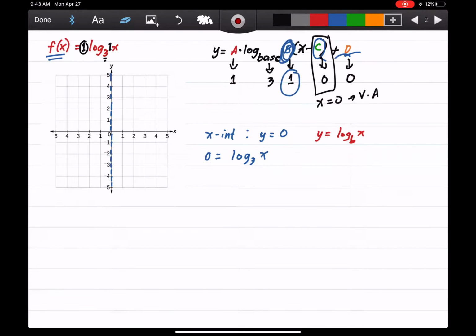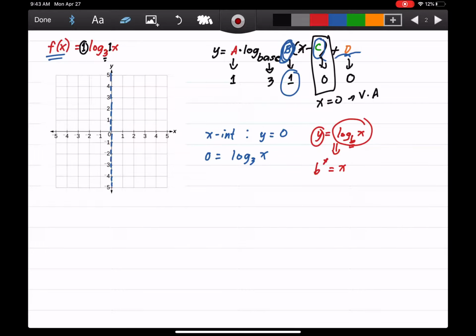That's your base, and the exponent is your y, because we already discussed that the logarithm is just an exponent. So b raised to y is equal to x. And we will be applying that in finding the x-intercept.